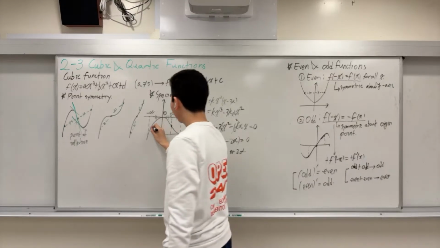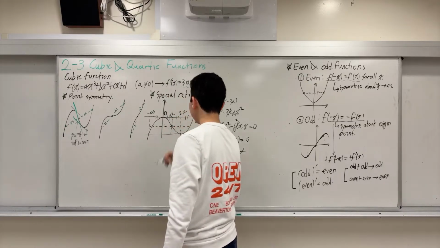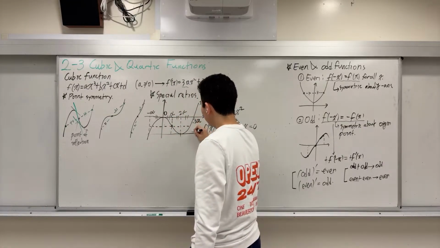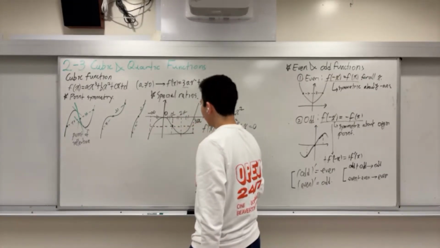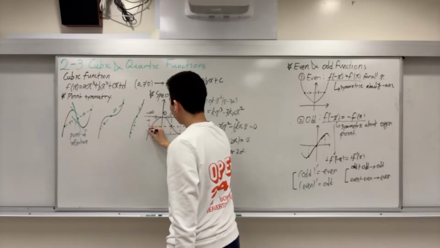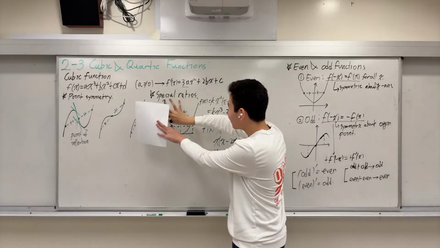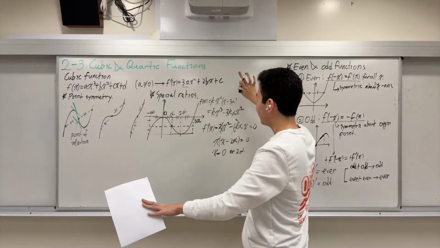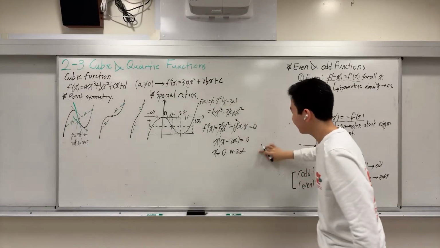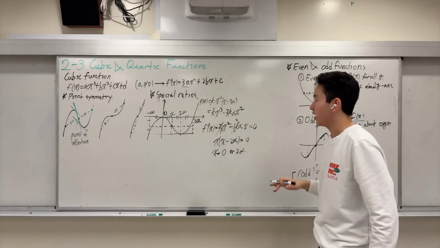And if I draw a line parallel to the x-axis, like that, then by point symmetry, the distance here and here would be the same. So if I take the coordinate system away, that was for the convenience of calculating, simplifying our calculations.